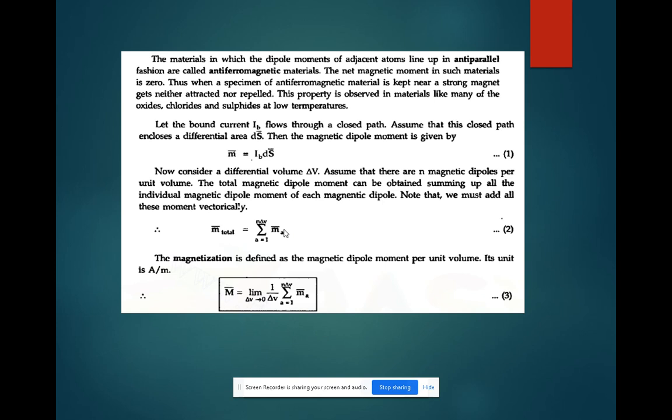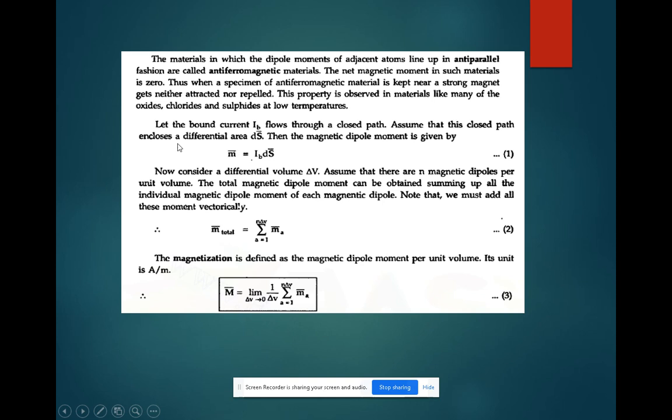The net magnetic moment in the anti-ferromagnetic material will be zero. Examples of anti-parallel magnetic material are oxides, chlorides, and sulfides, which at low temperature will show the anti-ferromagnetic property.